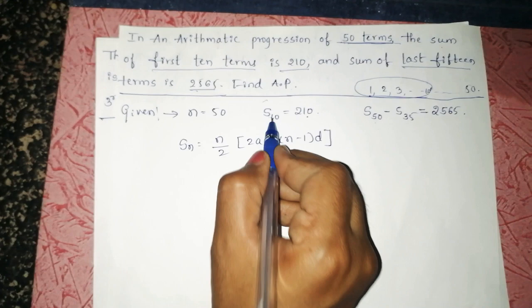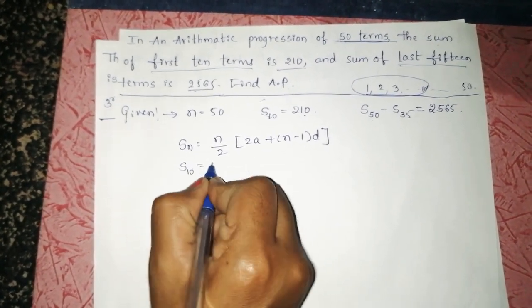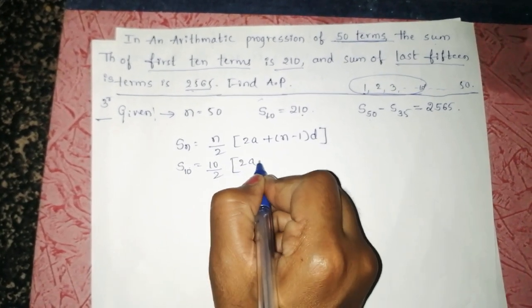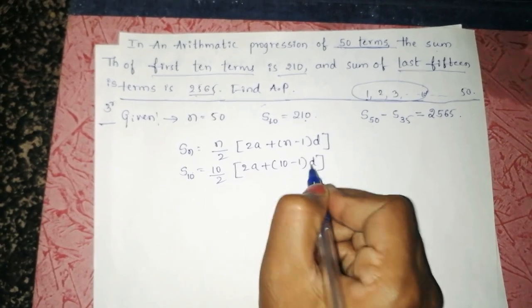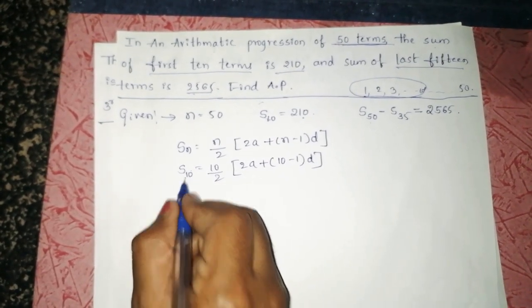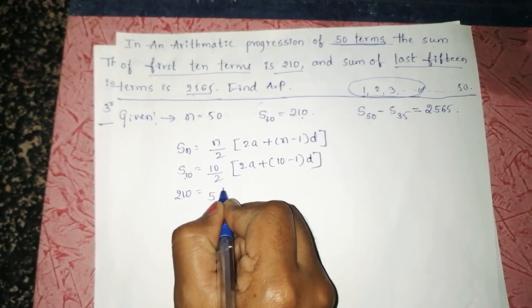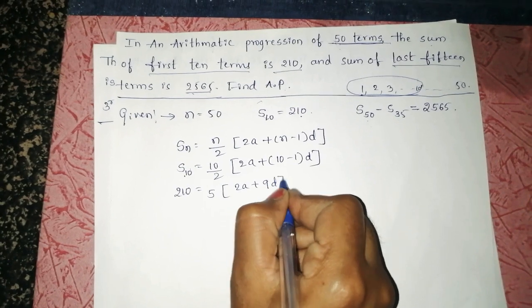Here since S10 is given, therefore put n is equal to 10. S10 is equal to 10 by 2 in the bracket 2a plus n value 10 minus 1 into d. S10 is already given, that is 210. 10 by 2 is 5, 2a plus 10 minus 1 is 9d.